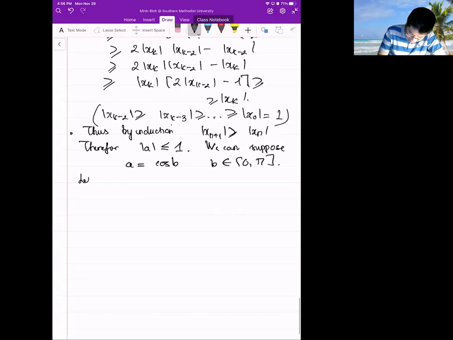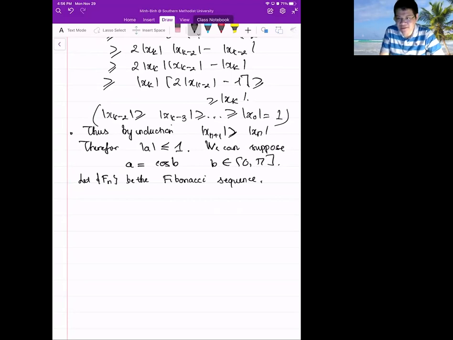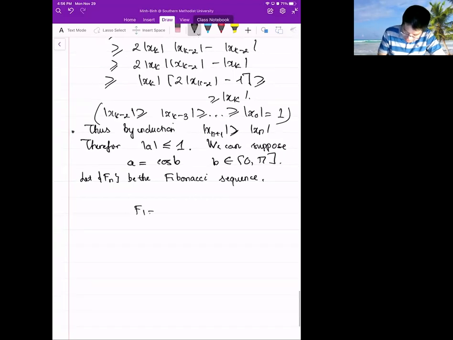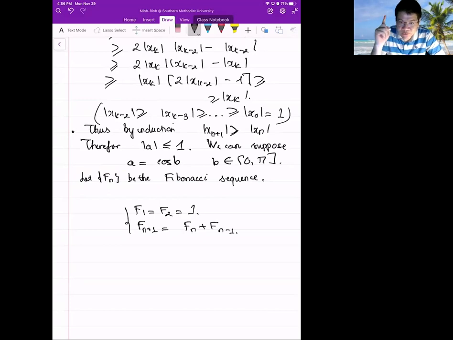So let Fn be the Fibonacci sequence, which is defined as follows: F1 and F2 are both 1, and then Fn plus 1 is Fn plus Fn minus 1.